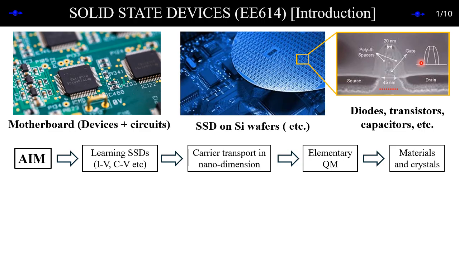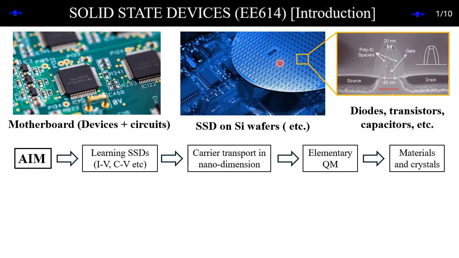Finally, this is a bottom-to-top approach, and this is the top end. Essentially we want to know the device working principle, meaning IV or CV. Then carrier statistics, quantum mechanics, and finally, at the bottom, materials.